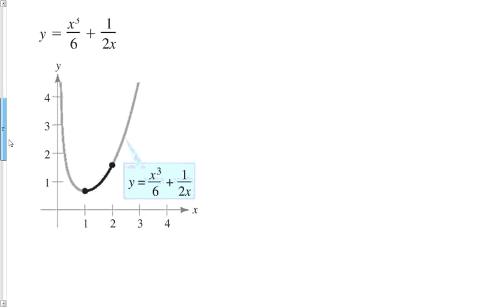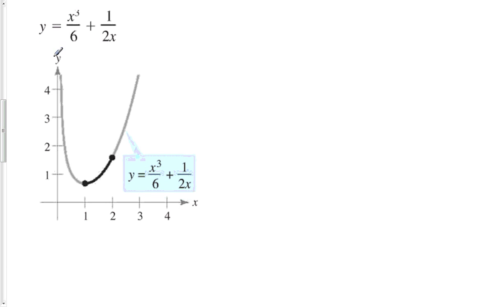So let's go ahead and find the arc length of this curve on the interval from 1 to 2, the distance along this curve. First we need to find the derivative of the curve. The curve is y equals 1/6 x cubed plus 1/2 times x to the negative 1.